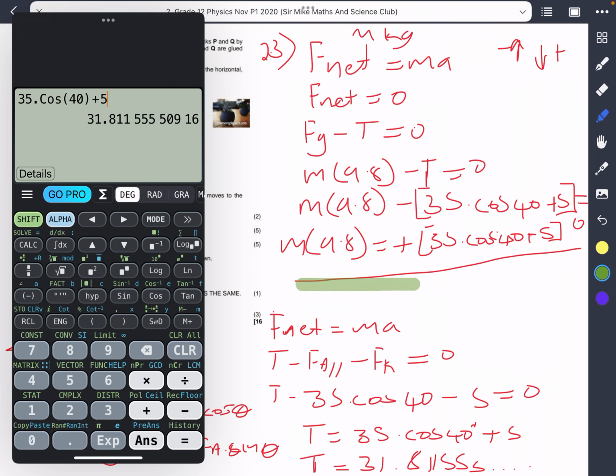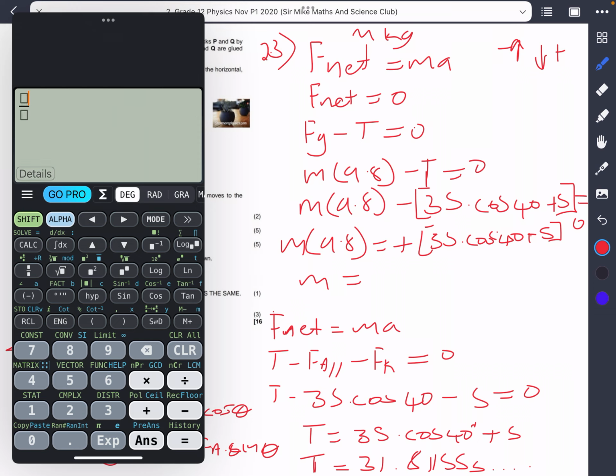What I'm going to do next is divide everything by 9.8. I'll be left with m being 35 cos of 40 plus 5, divided by 9.8.